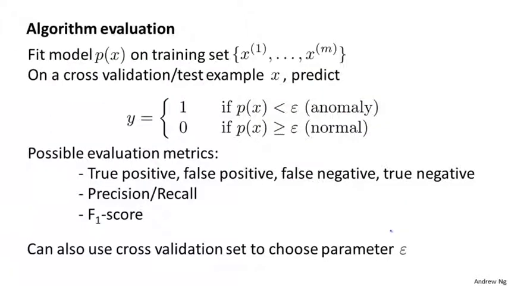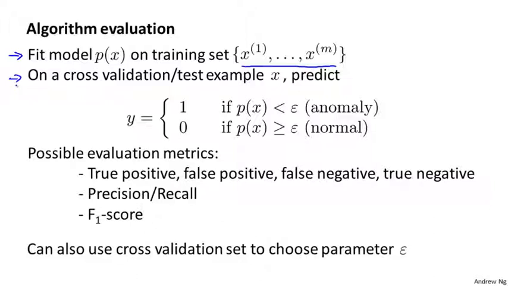So given the training, cross-validation, and test sets, here's how you develop and evaluate an algorithm. First, we take the training set and fit the model P of x, so we fit all those Gaussians to my m unlabeled examples of aircraft engines. I'm calling them unlabeled examples, but these are really examples that we're assuming are good, or normal, aircraft engines. Then imagine that your anomaly detection algorithm is making predictions.